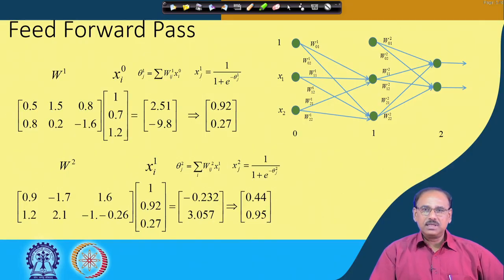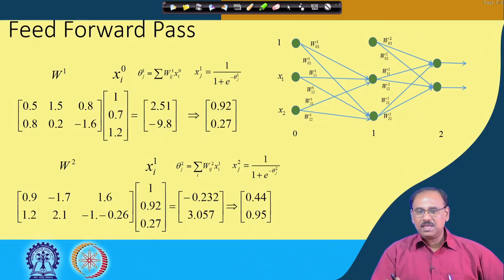And you see what are W 1 1 and W 1 2? W 1 1 is the connection weight from a hidden layer node to the first node in the output layer, and W 1 2 is the connection weight from the same hidden layer node, the first node in the hidden layer, to the second node in the output layer.